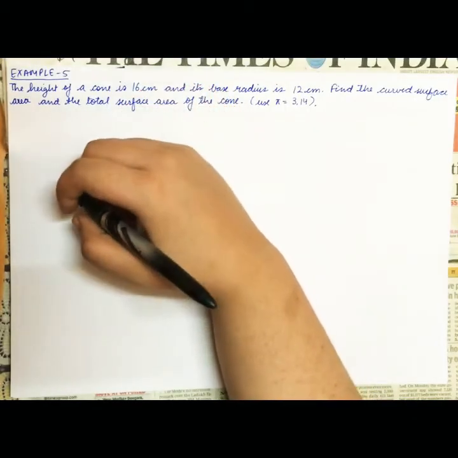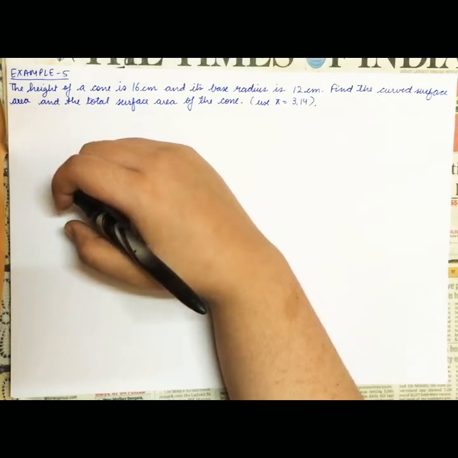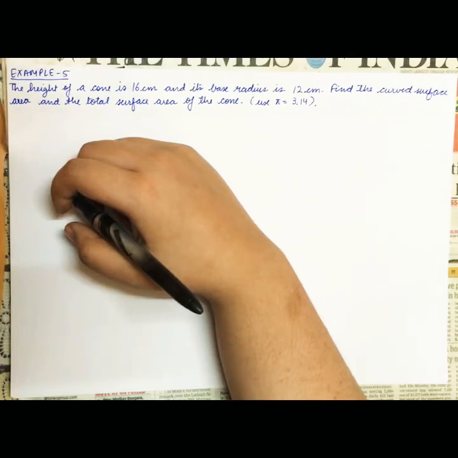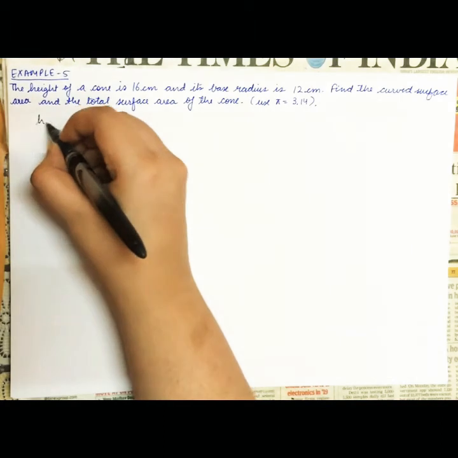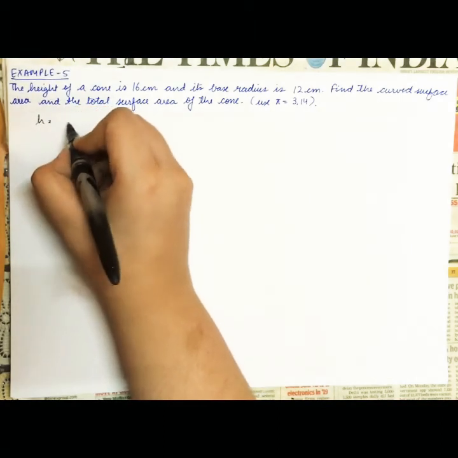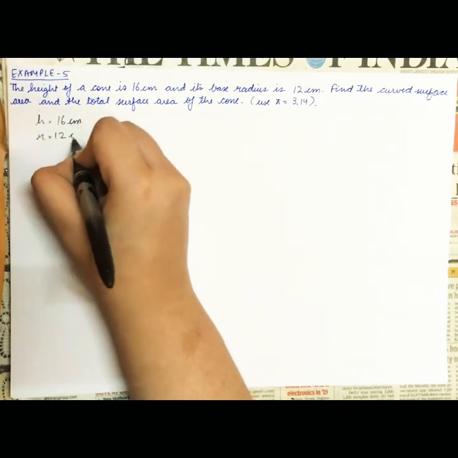Example number 5. The height of a cone is 16 centimeter and its base radius is 12 centimeter. Find the curved surface area and the total surface area of the cone. Use pi is equal to 3.14. Now here height is given as 16 centimeter and radius is 12 centimeter.